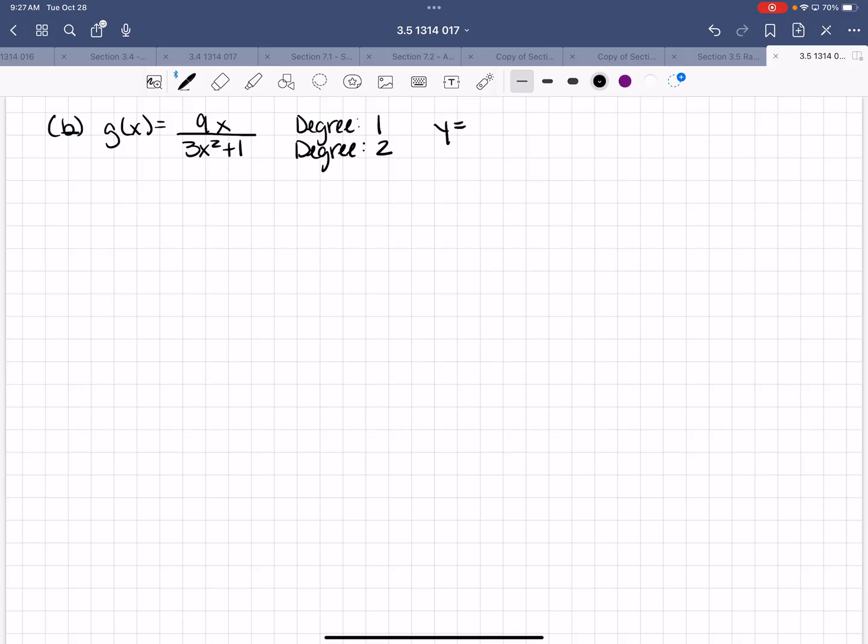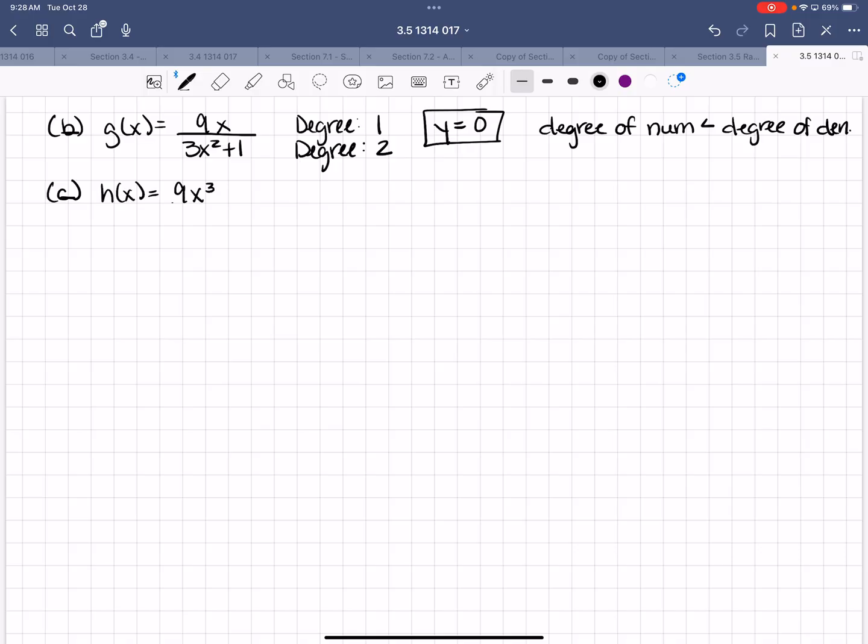Y equals 0. Good. And you can put that out there: degree of numerator is less than degree of denominator, so y equals 0. That was the first one that we listed.